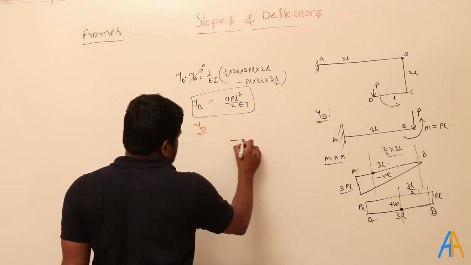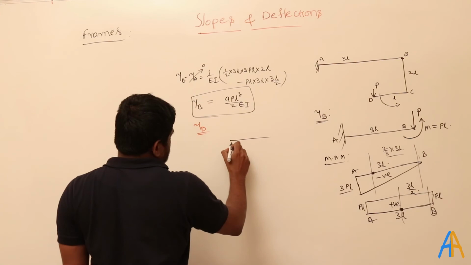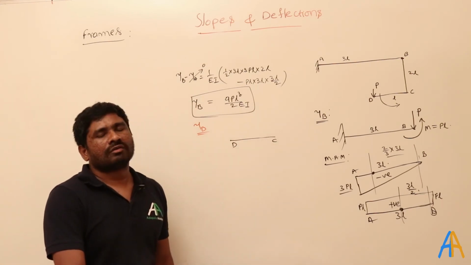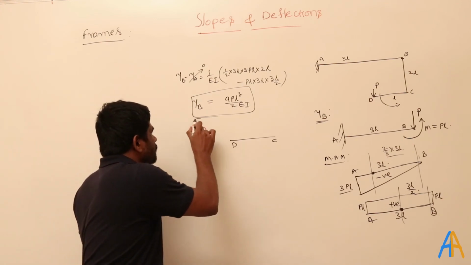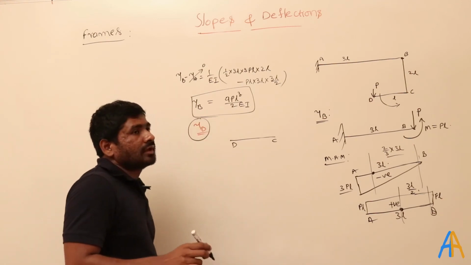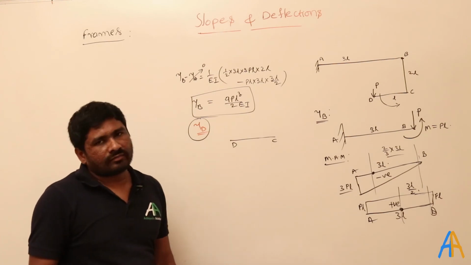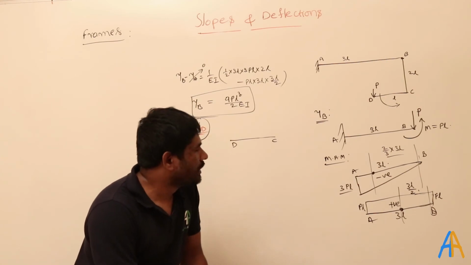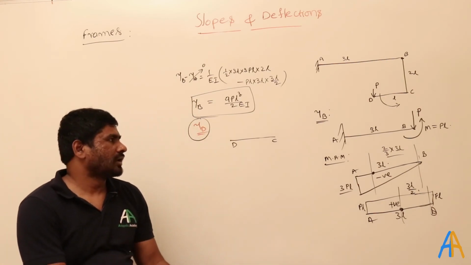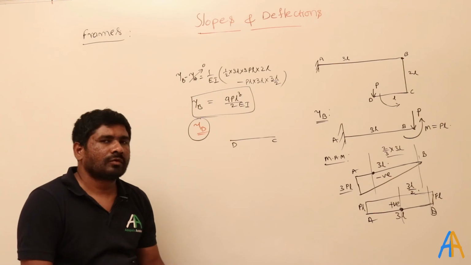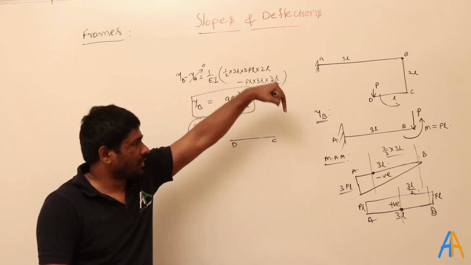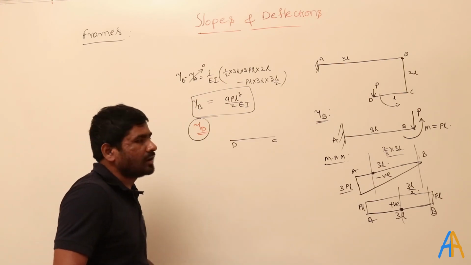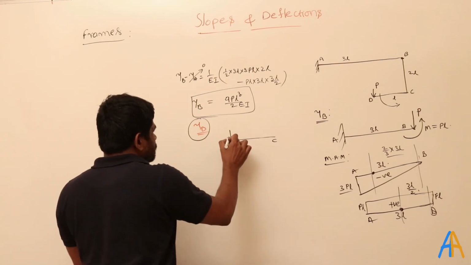For example, I take DC, this is D and this is C. What is the condition for Castigliano? Wherever you want to find the deflection, here at D, there should be some force acting. So first check whether a force is acting at point D. Yes, it is acting, and I want to find the deflection in the downward direction, so P is acting downward. First you take DC and identify the forces.